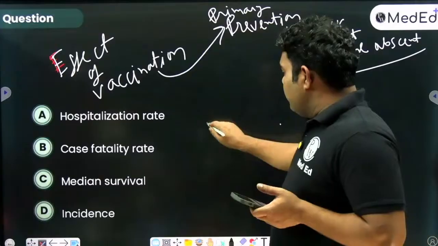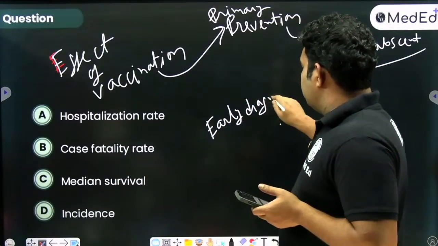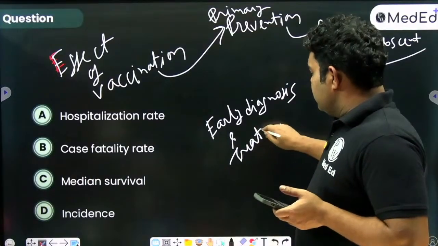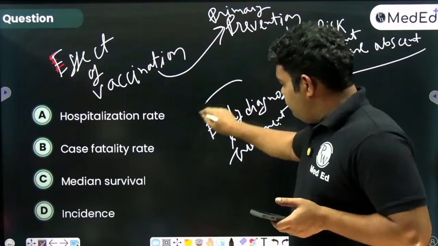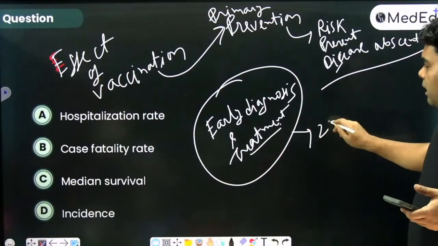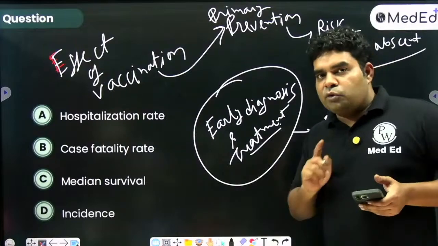And whenever we talk about early diagnosis and treatment, it means secondary prevention. So vaccination is primary prevention, but if BCG vaccine is used for treatment of bladder cancer, then it becomes secondary prevention. और यहां से सेकेंडरी प्रिवेंशन से कंफ्यूजिंग क्वेश्चन आते हैं.